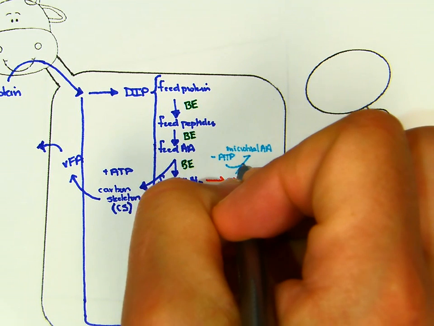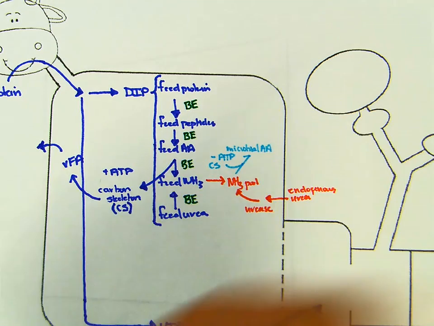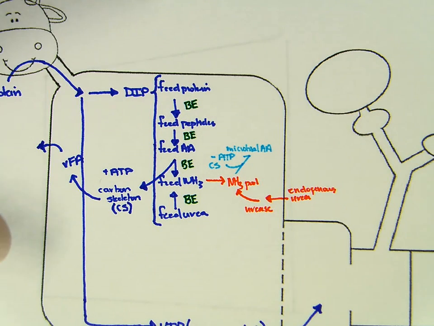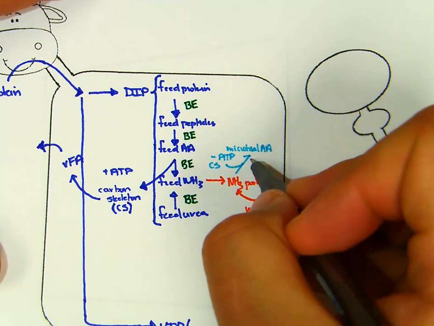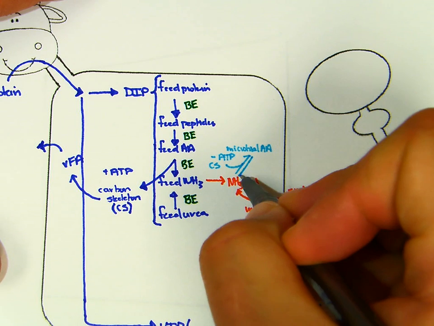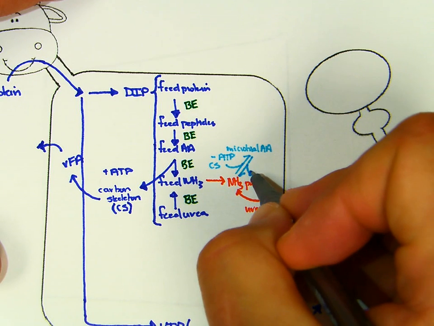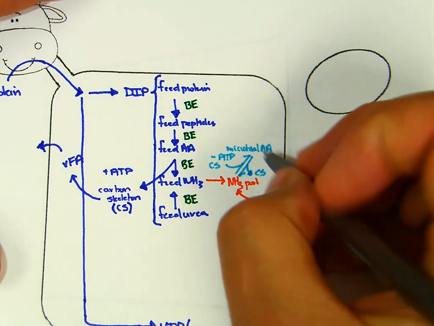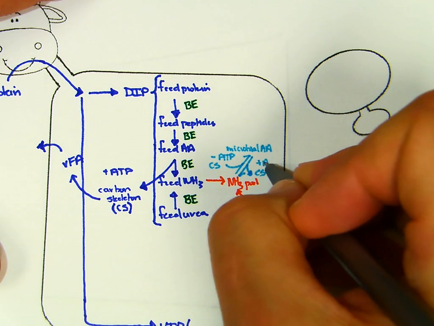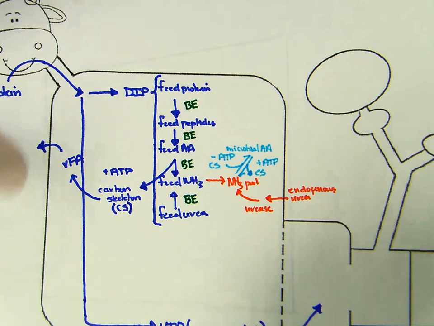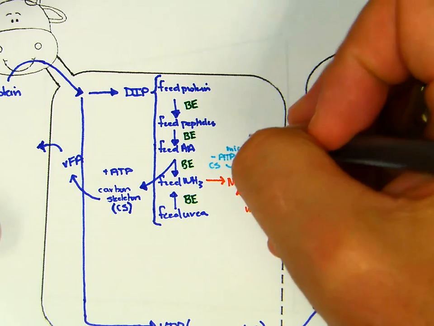And it also requires the addition of a carbon skeleton. Okay? While we're here, this reaction can also proceed the other direction, and they will produce a carbon skeleton, and they will create or release ATP for them to utilize.